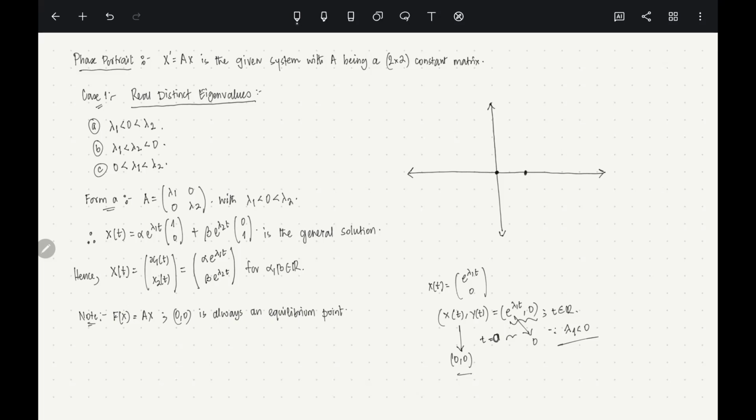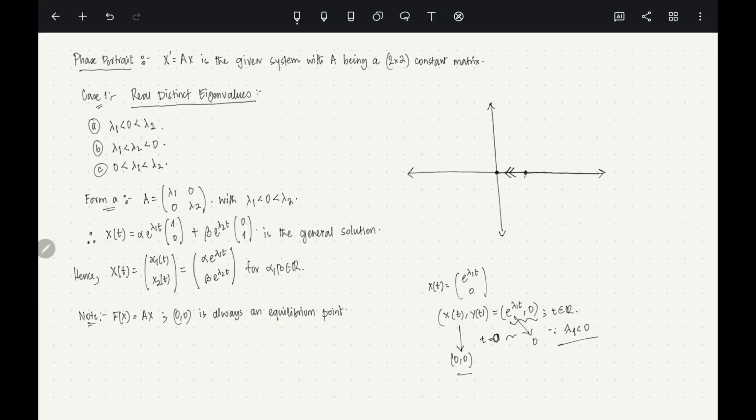From minus infinity, this is the arrow which will indicate where the trajectory is going. So this is one of the trajectories, along this line only. So one solution looks like this for a particular choice of alpha and beta, and it goes towards 0. As t tends to infinity, this goes towards 0.